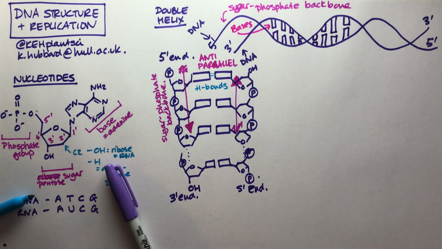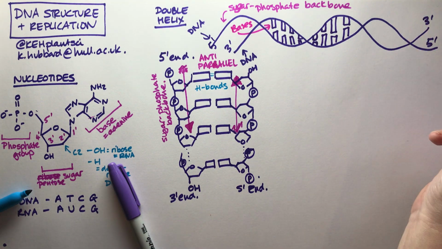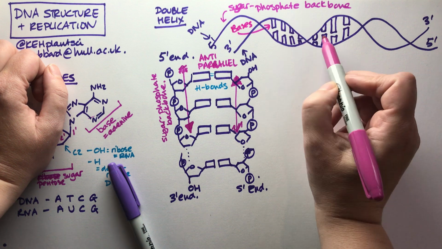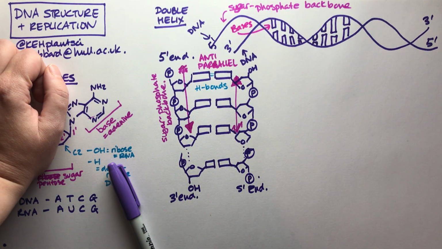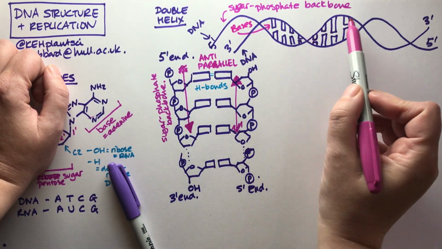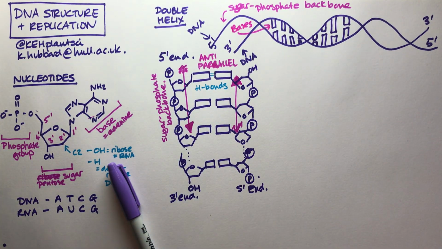A couple of other things to notice. You will notice that there are two different sizes of grooves here, or spaces. One of my all-time pet hates is symmetrical DNA. If you see a piece of DNA where the spacing is the same for every single one, where the two strands are equally attached to each other, that is wrong.